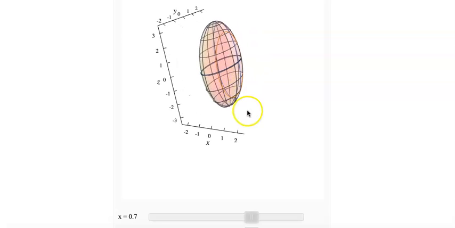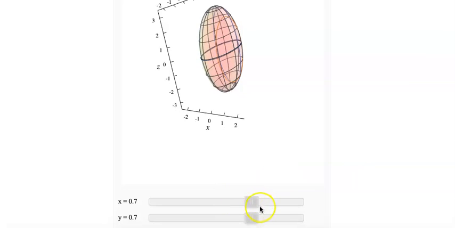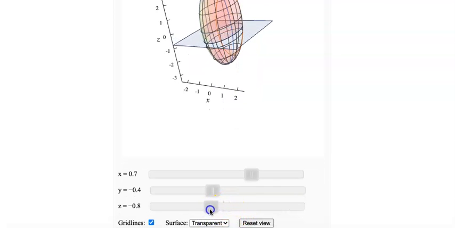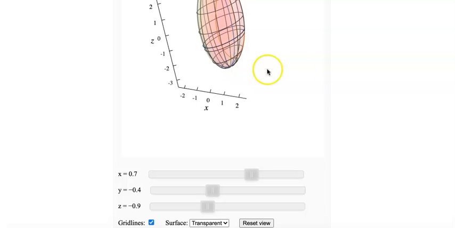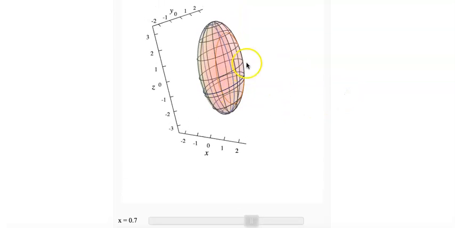And we're going to see that for any y value that's valid, and for any trace on the xy plane where z is equal to some value. So all three of these traces in an ellipsoid are ellipses.